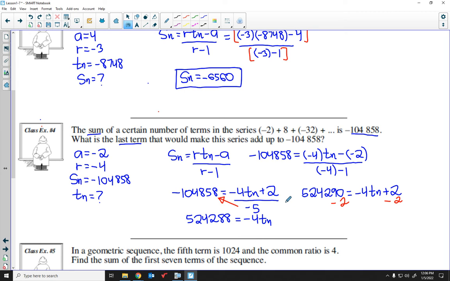I think that's right anyways. Just want to double check this here. Yeah, if that's negative here, this bottom portion is also a negative. Negative times a negative is a positive.